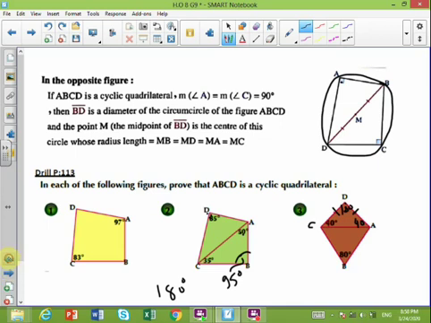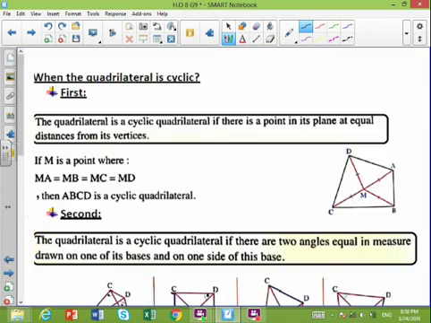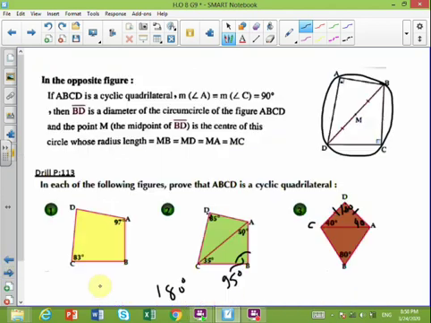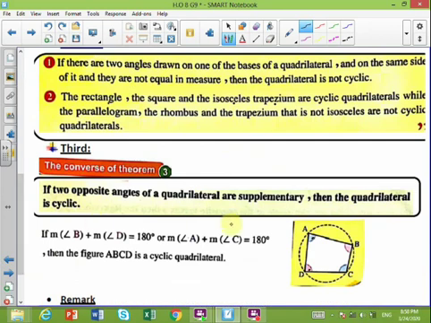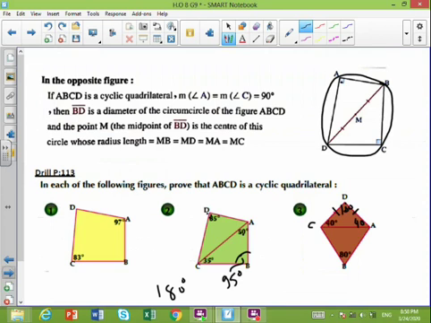So again, to prove that it's cyclic: if the points are at equal distance from a point in the plane, it's cyclic, or by the angles, as we said before, or by the converse of theorem 3, which says that if the opposite angles are supplementary, the quadrilateral is cyclic.